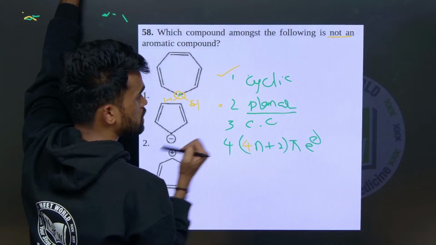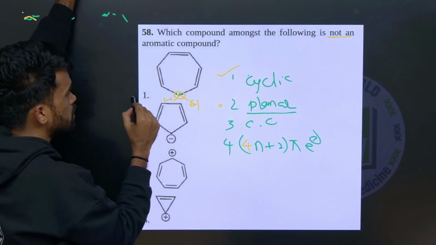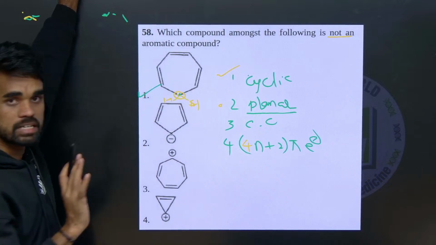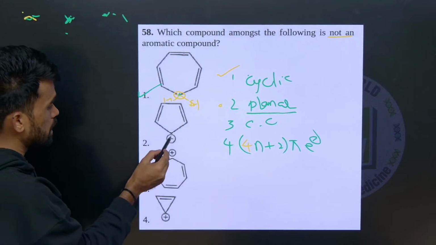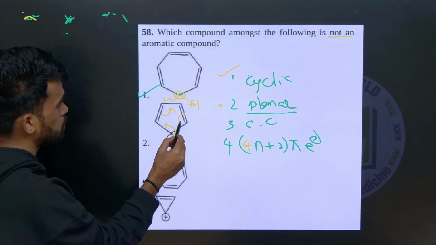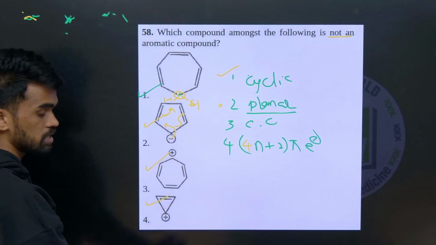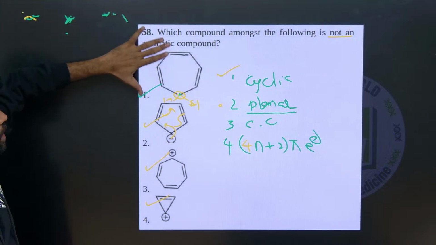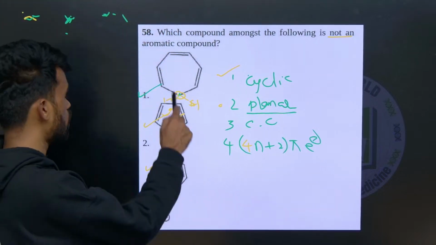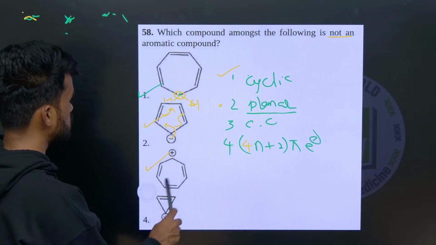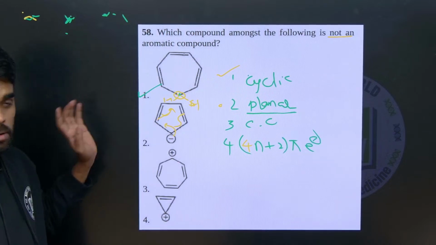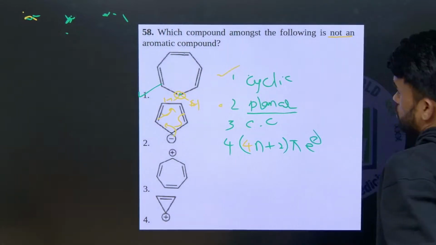So the second condition is not obeyed by this first option, therefore this is not aromatic. That's it, simple. The remaining options you can check: it is cyclic, planar, complete conjugation is there. So this is aromatic, this is also aromatic, this is also aromatic. So the first option is not aromatic, therefore you have to select option 1 as the answer for this question.